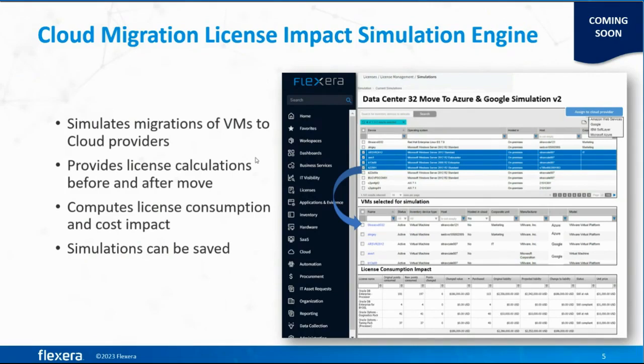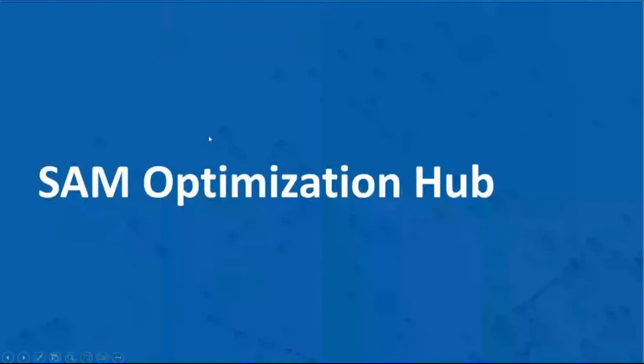We are bringing this additional angle on the license cost, and we will think about integrating the data to provide the full picture of the migration cost impact. Okay, so let's move on to the SAM optimization hub.